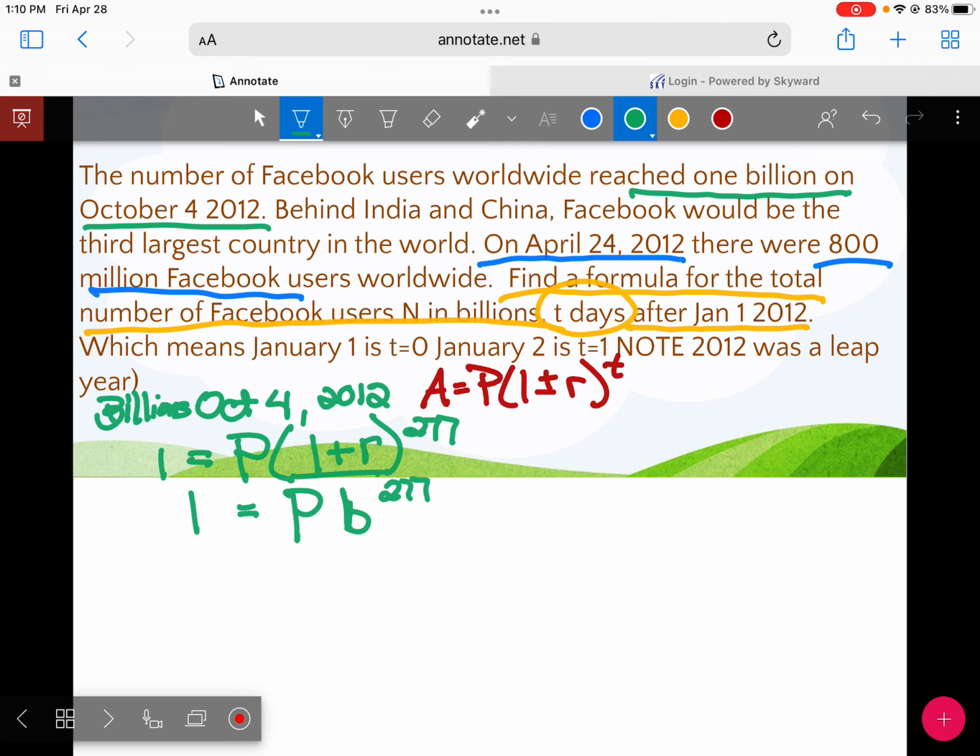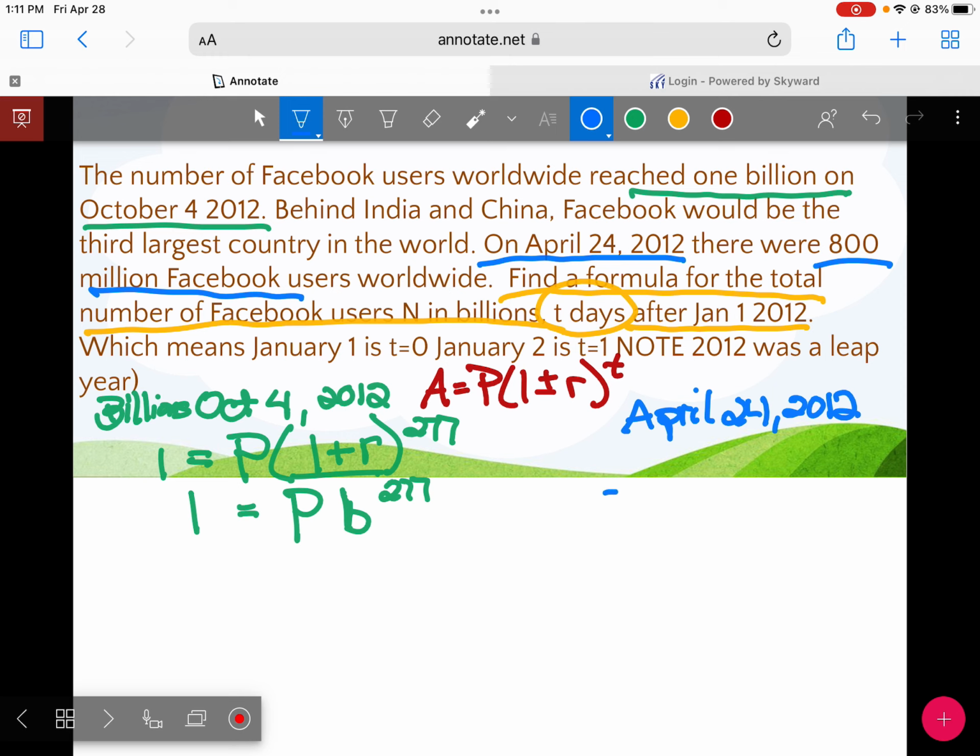Okay? And in the other corner, we have April, wearing the blue and gold trunks. No. April 24th, 2012. We have how many people that we are talking about at that time? 800 million.